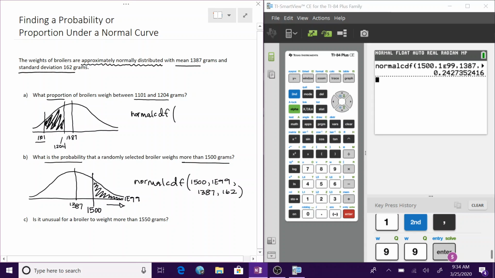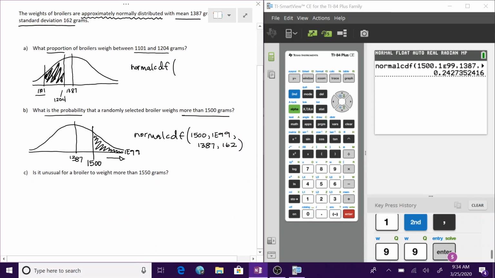Now for C, notice that it's asking us about unusual. So remember from class that a probability that is unusual means that the probability that we find will be less than 0.05 or 5%.